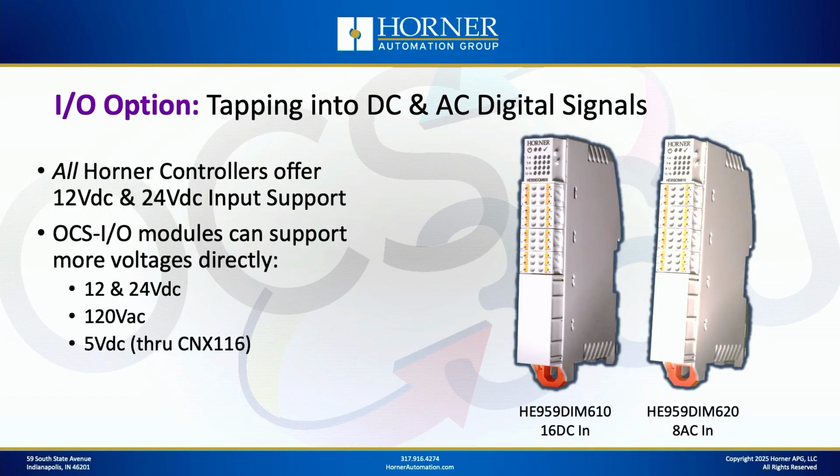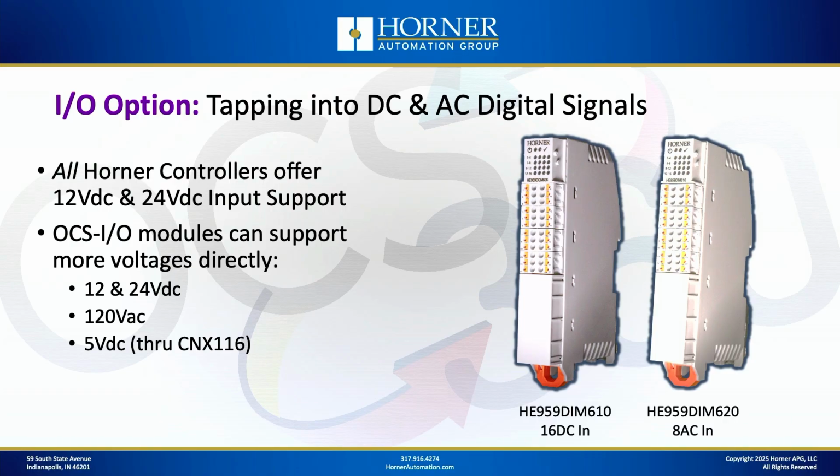Now, when we're talking about the modular CPU 300, when used as the edge device, now we're talking about using OCS I/O if we're going to tap into I/O signals. Of course, just like all Horner controllers, we support straight 24-volt DC inputs, but the beauty of the OCS I/O when it's connected to a CPU 300 is you can support more than just 12 and 24-volt systems.